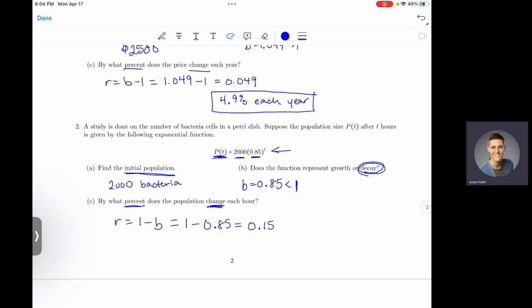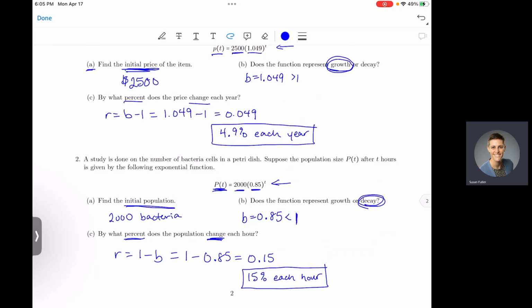This is a percent written as a decimal. So 0.15, that is 15%. So the population changes by 15% each hour. And again, this is decay. So the population is decreasing by 15% each hour. That's how this exponential function is changing.